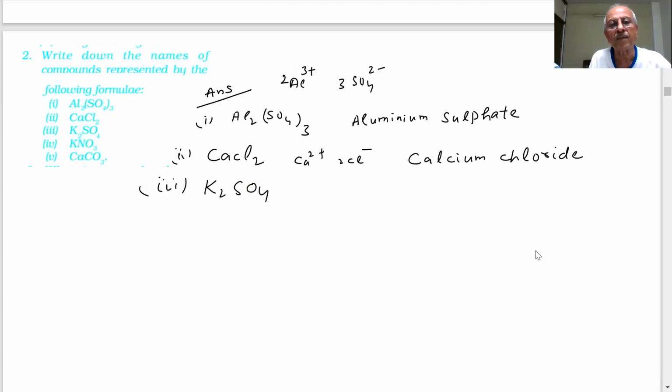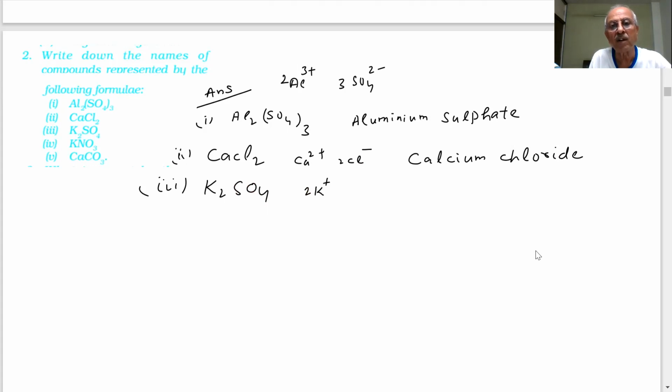K2SO4. What will be the name of this K2SO4? What are the ions?